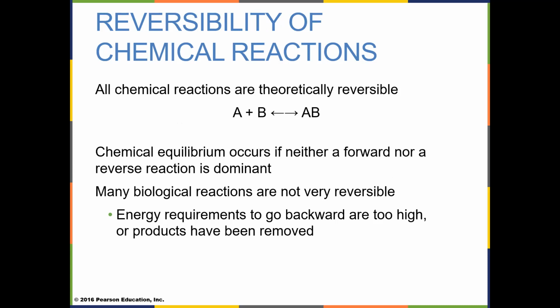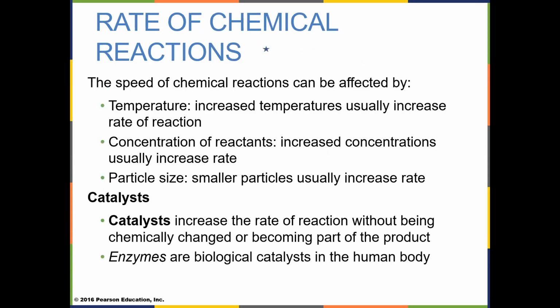Plus, our concentrations are so tiny, and it takes too much energy to go backwards. The most significant reason our reactions aren't reversible is because we use the product right away. But any chemist will tell you that any chemical reaction is reversible. Well, not in our bodies.